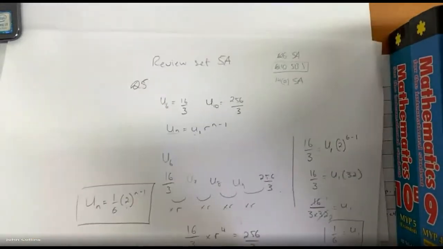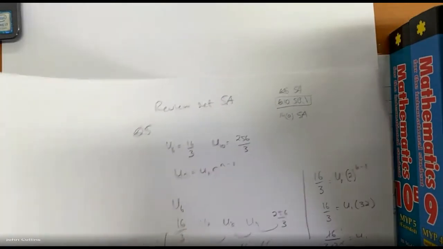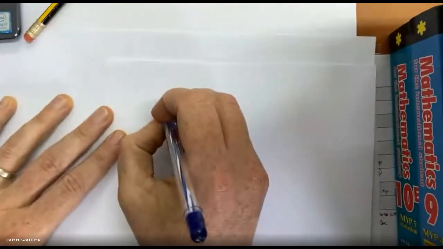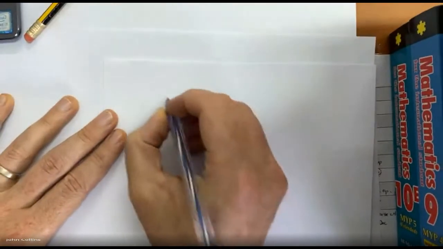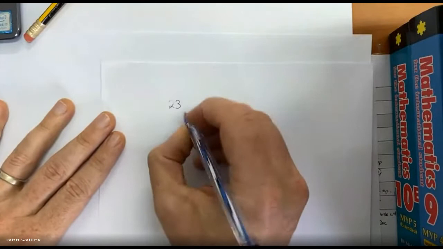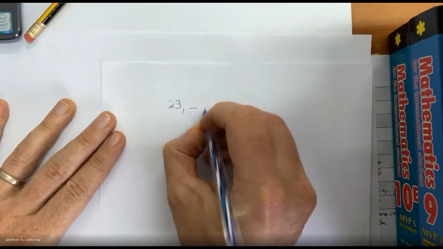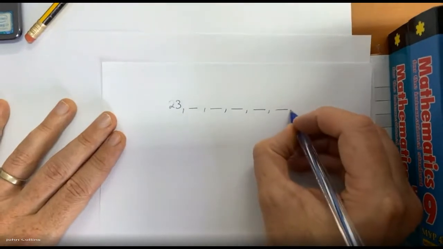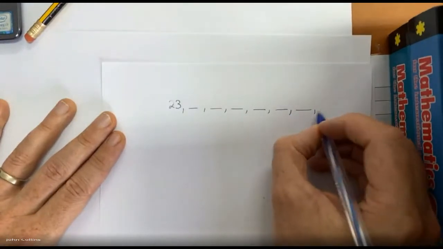Okay. Question 6 in the same review set. Insert 6 numbers between 23 and 9, so that all 8 numbers are in arithmetic sequence. All right, so once again, 23, and then we have 6 numbers: 1, 2, 3, 4, 5, 6 between, okay.